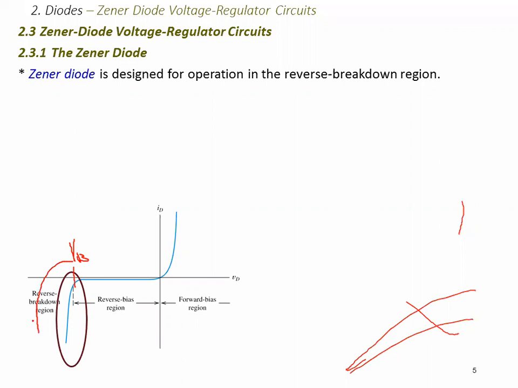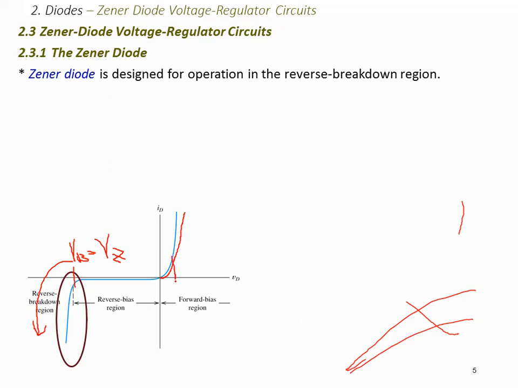That means the breakdown that occurs in the Zener diode does not destroy it like it does in the rectifier or normal diode, but instead it forces the Zener diode to start conducting continuously at a certain fixed voltage, which we'll call VZ. So what are we saying? We are saying the Zener diode is a normal diode in forward bias.